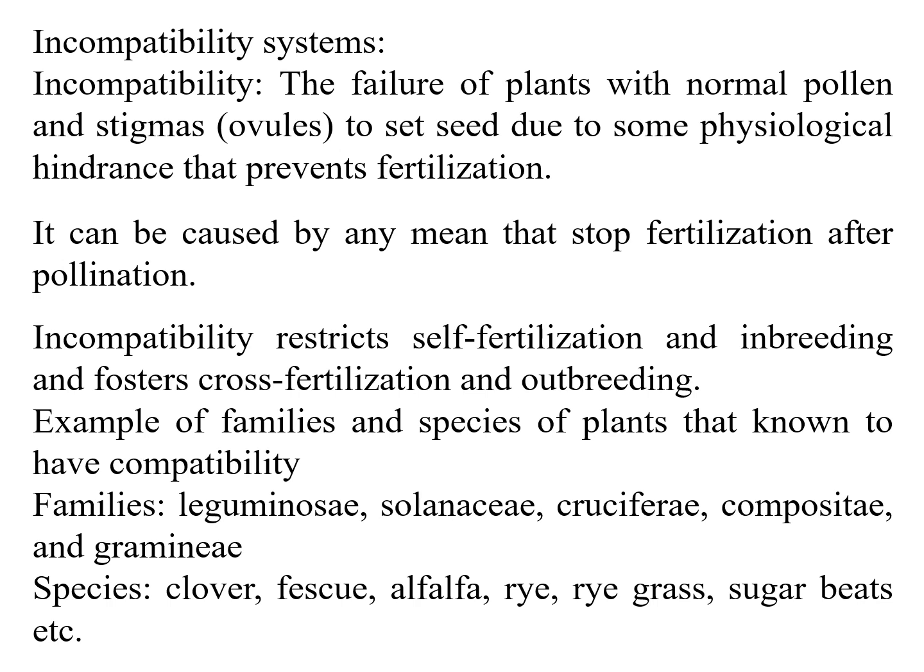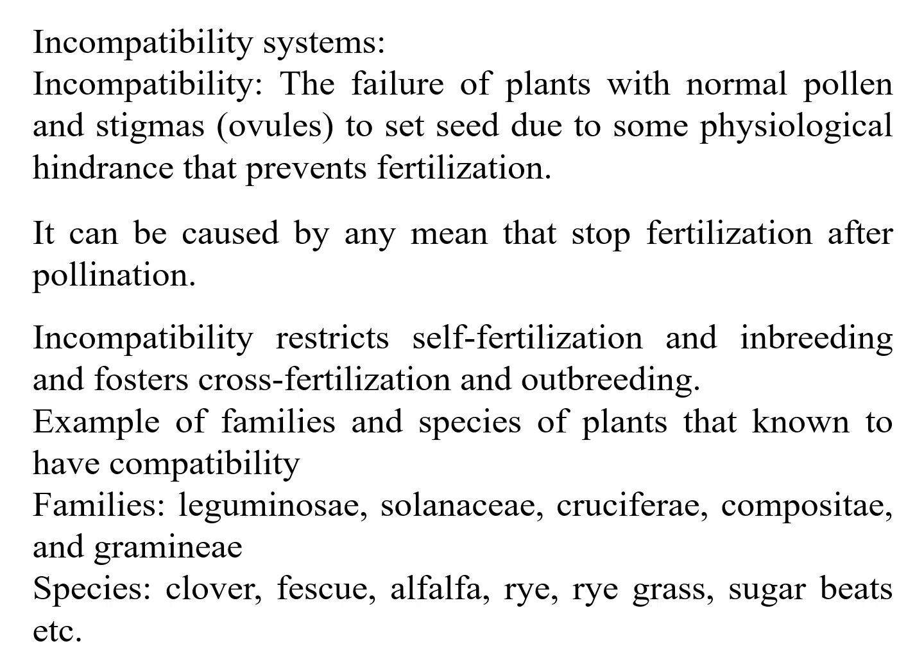Incompatibility is the case where the plant produces normal pollens and normal ovules, but they are not setting any type of seeds due to a physiological hindrance that prevents fertilization.